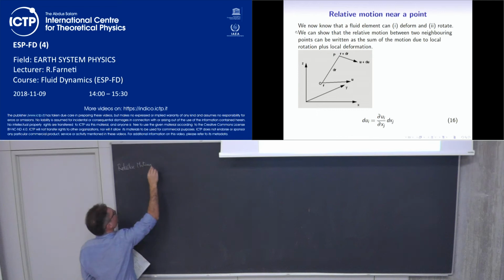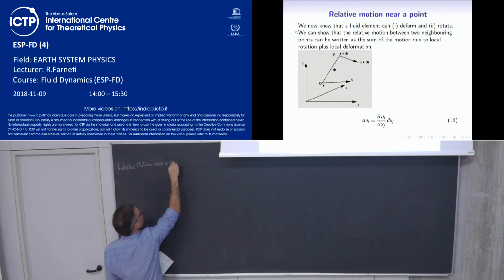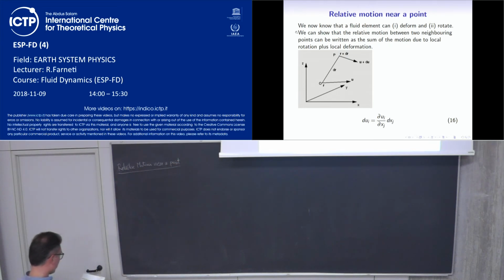And so we're going to define the relative motion near a point. Okay, so the element can both deform and rotate. It can deform linearly, it can deform under shear, and it can rotate.